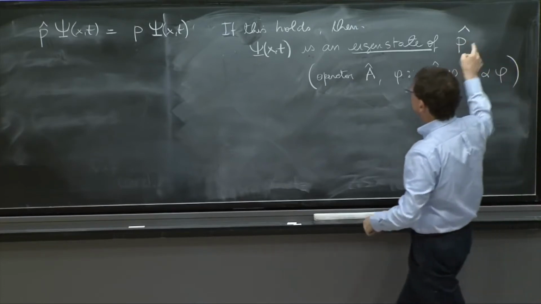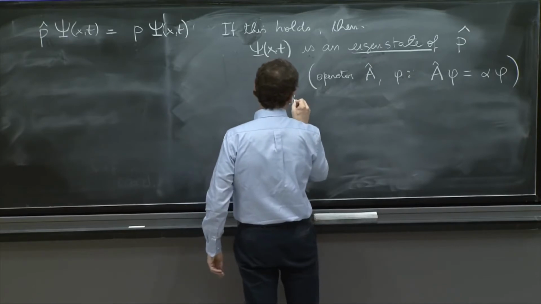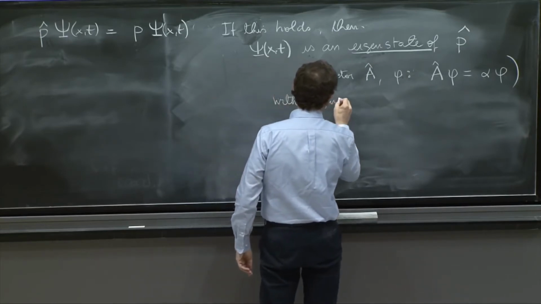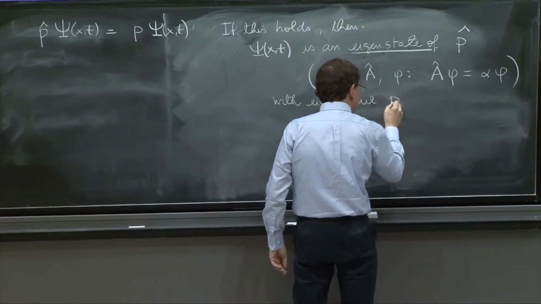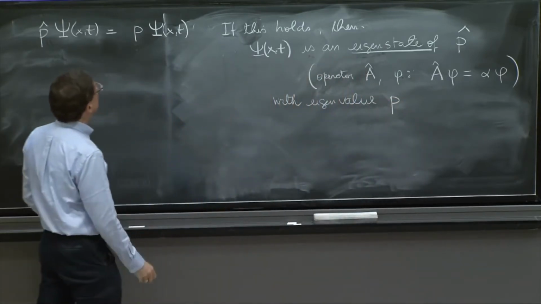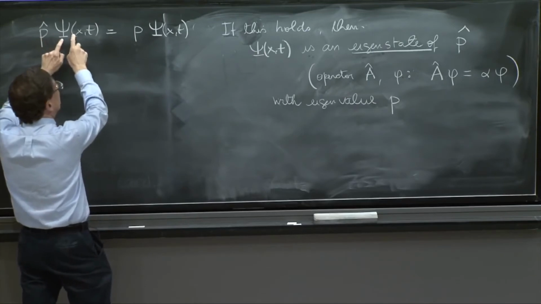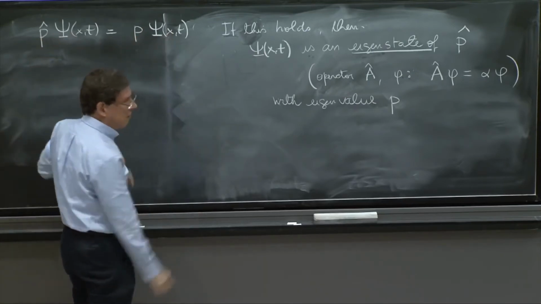So here is an eigenstate of p with eigenvalue p, the number p, because acting on the wave function gives you the number p times that wave function.